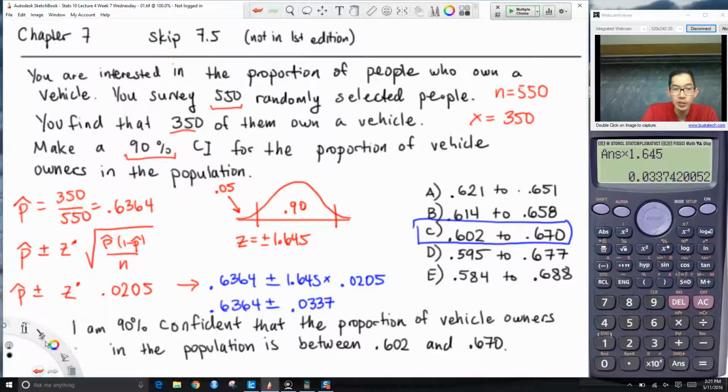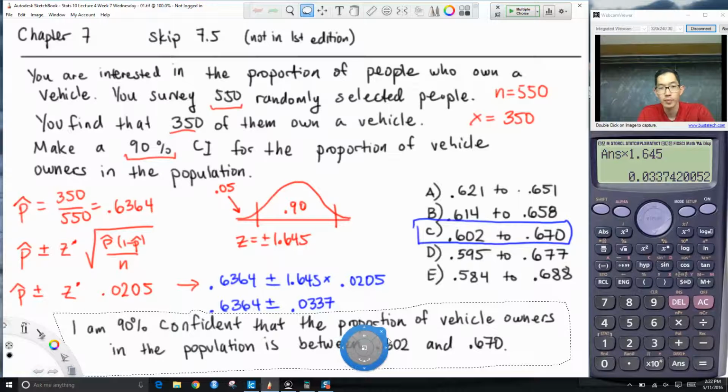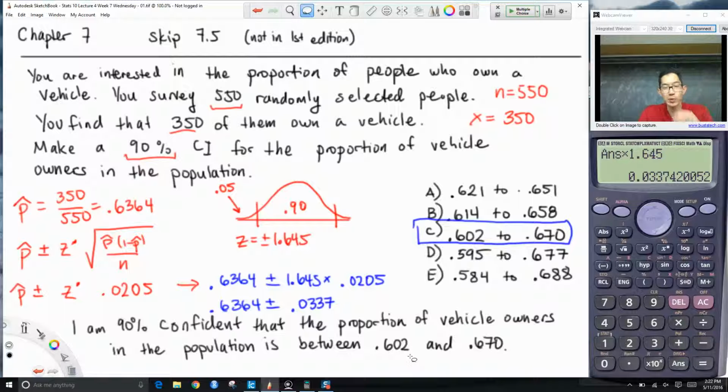So we are 90% confident that the proportion of people who own vehicles is between 0.602 and 0.670, and that's the proportion in the population. It's always about the population proportion. Okay? So far, so good?